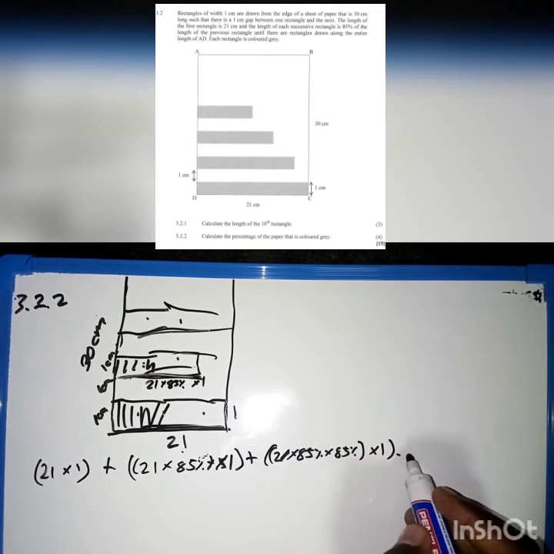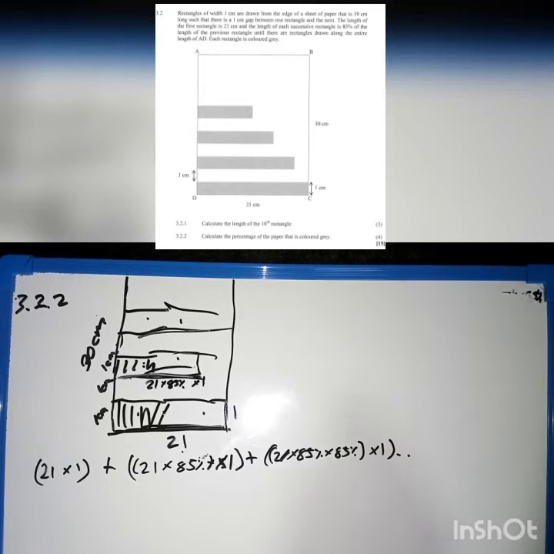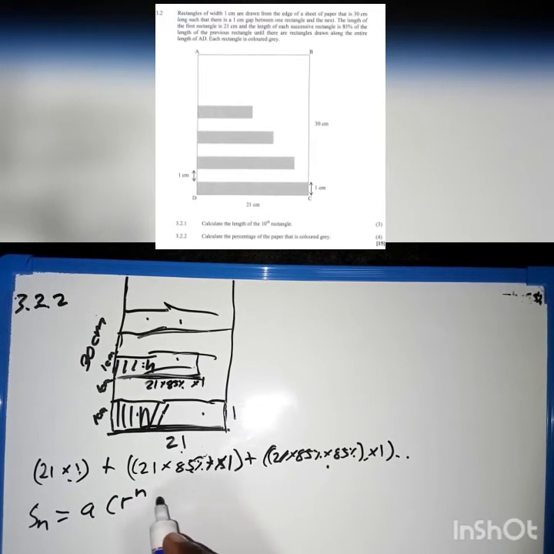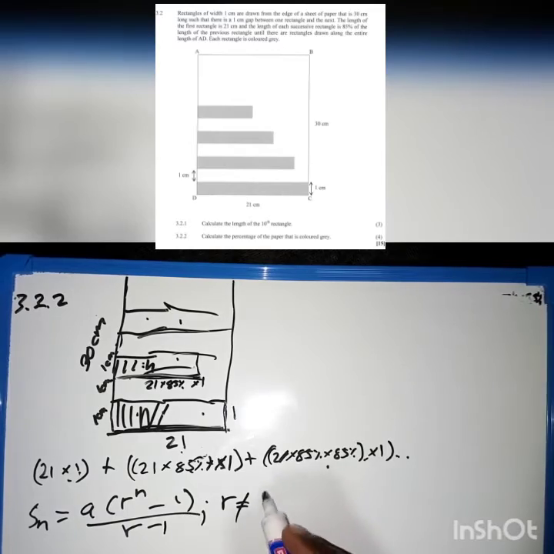This will continue for the 15 terms. Obviously this is geometric. We've got our Sn, and because we are adding them up, Sn is equal to A(r^n minus 1) divided by r minus 1, where r is not equal to 1.